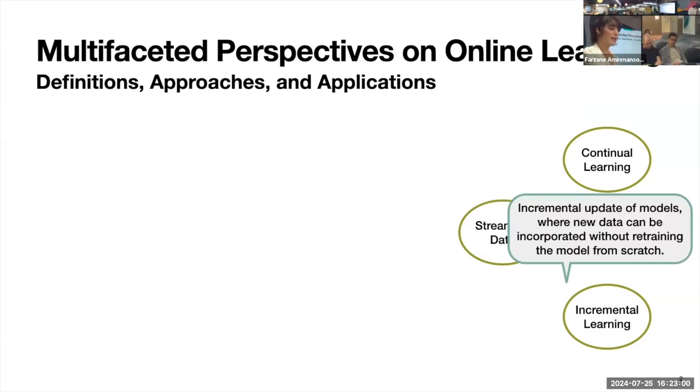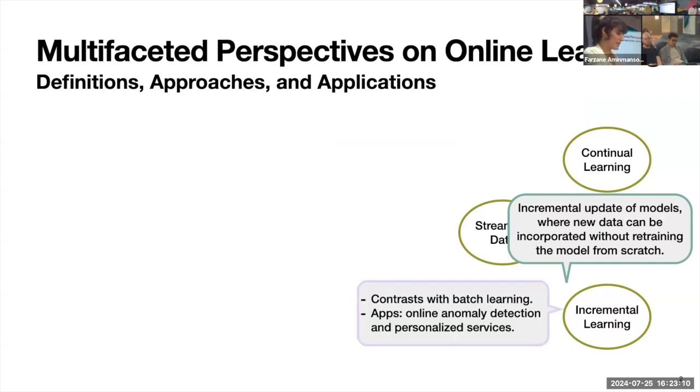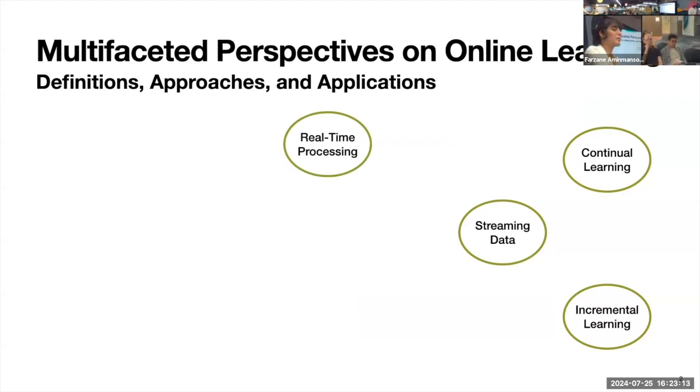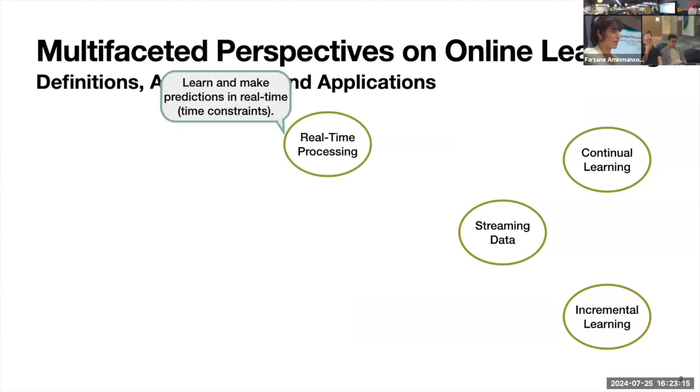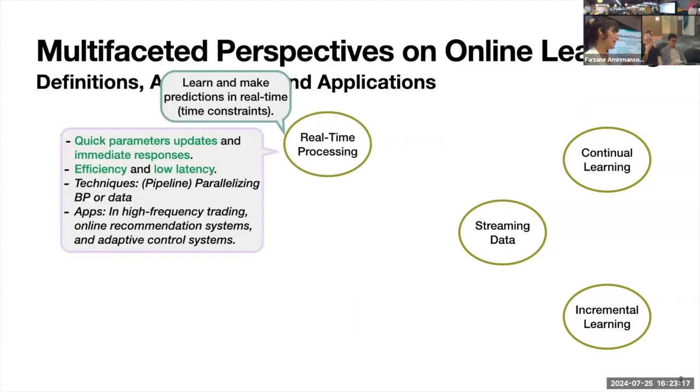Then incremental learning basically wants to train on the new data, but not retrain from scratch. For example, SGD. Another perspective is real-time processing. Here you want to update your parameters as fast as you can so that you respond faster.